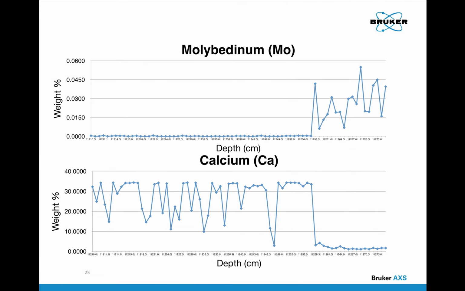Once you follow those rules, you're in a position to be able to do elegant quantitative analysis. Here, for example, is a geologic core measured with the tracer, where we see calcium and molybdenum. Here, we can interpret clear changes over the record of these two geologic cores, and we can interpret them in a quantitative sense. It is possible to do quantitative analysis, but you must make sure you follow the rules for quantification.